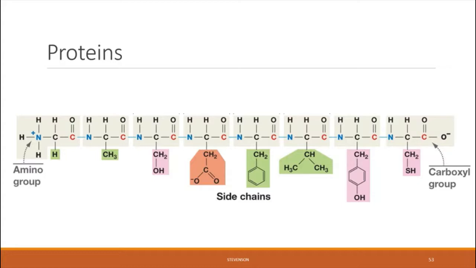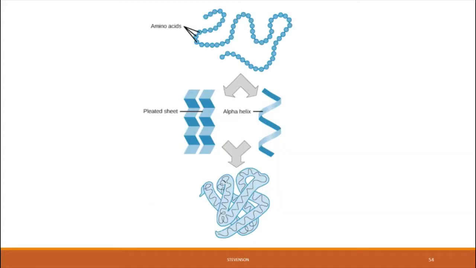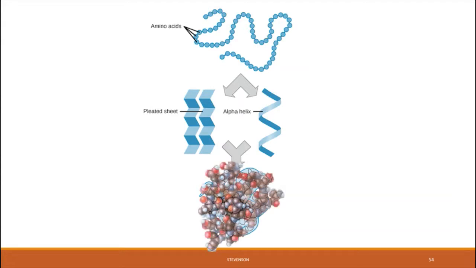In fact, they have this complex folding behavior that allows them to take on a three-dimensional shape. The chain that you see right here might look something like the chain that you see on the upper part of this slide, but it won't remain like this. Instead, it will form patterns and three-dimensional shapes which fold on each other in various ways that allow it to assume the complex structure of the protein.